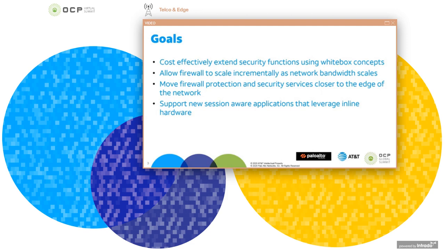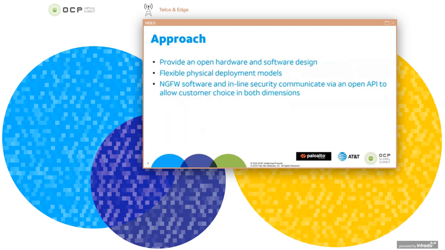In particular, you can scale firewall bandwidth independently of network bandwidth. It also allows firewall protection and security services to move closer to the edge, and supports new session-aware applications, leveraging the inline capacity of switching chips such as Broadcom's Jericho 2.